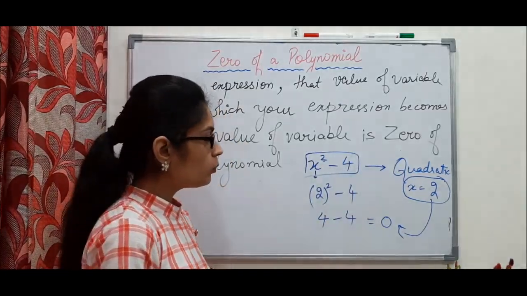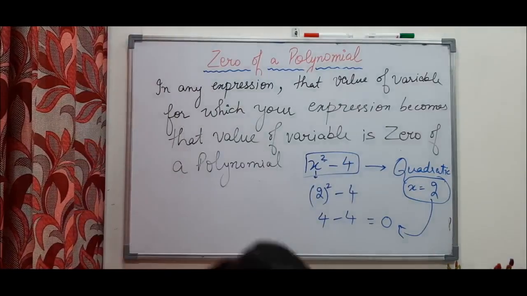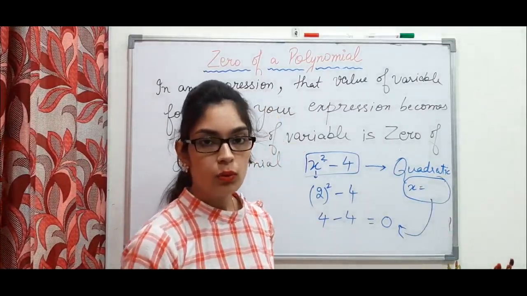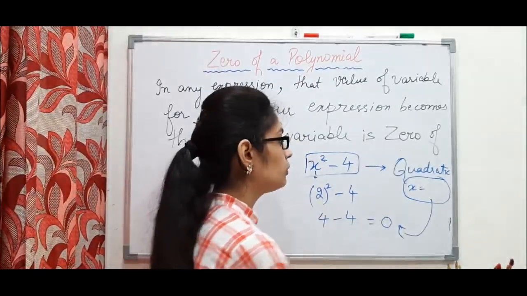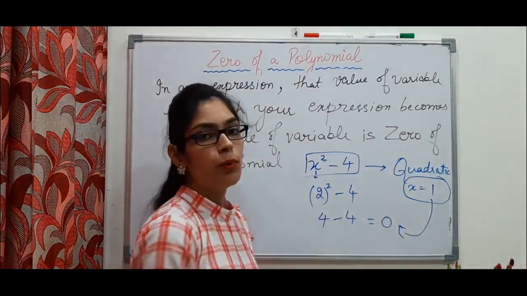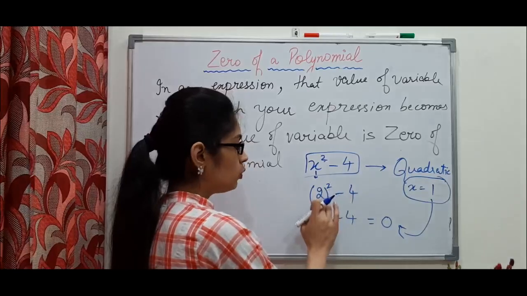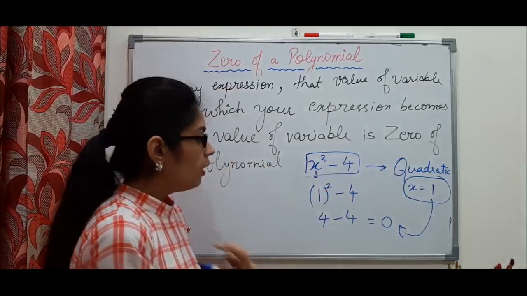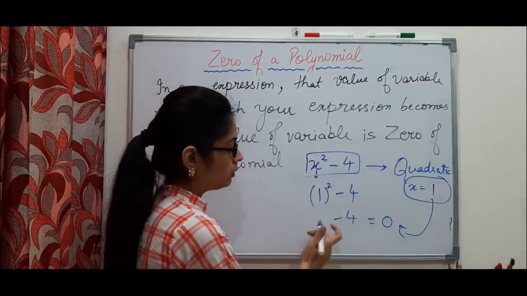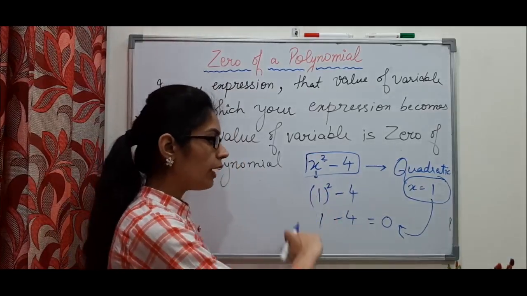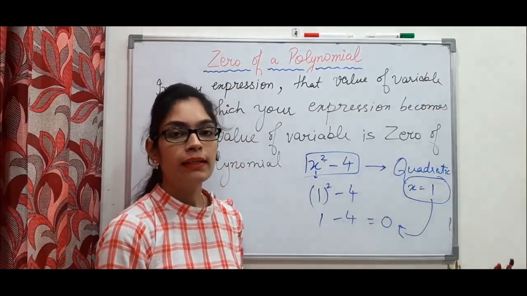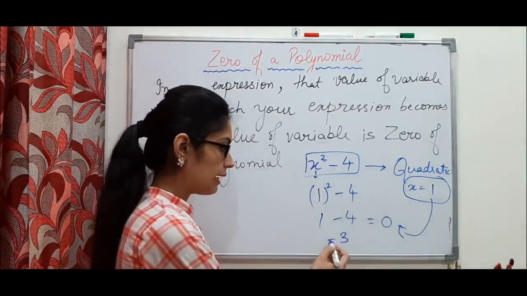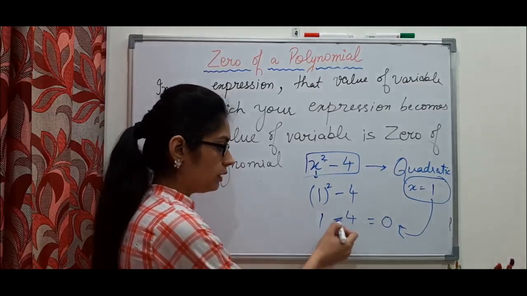Now I just want to explain with one more example. In place of 2, just write x is equal to 1. In the same polynomial, replace 2 with 1. What will I get? 1 square is equal to 1, and 1 minus 4 will be equal to minus 3, because the sign of the bigger number is taken, and the bigger number has the minus sign.